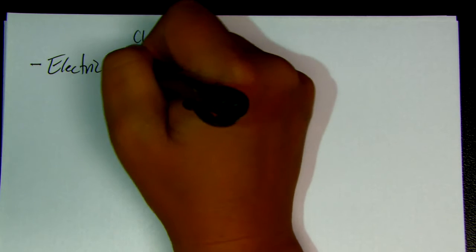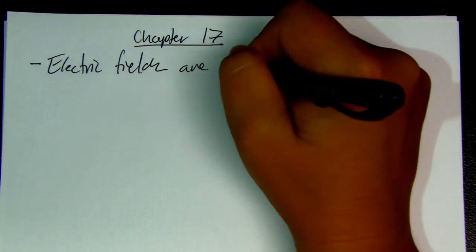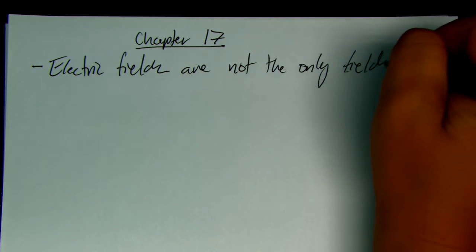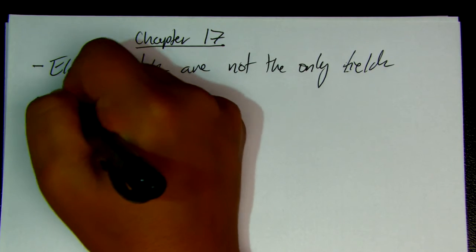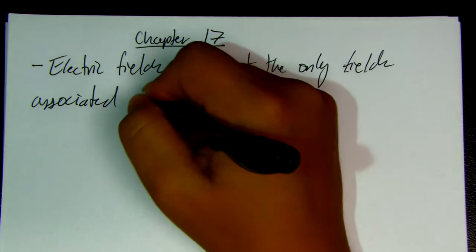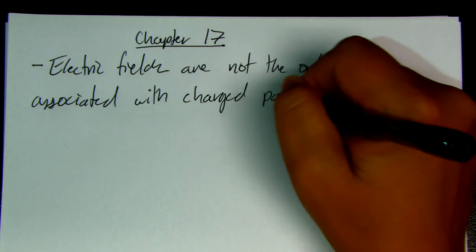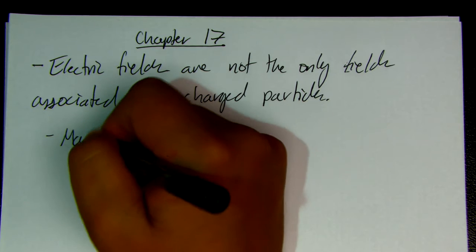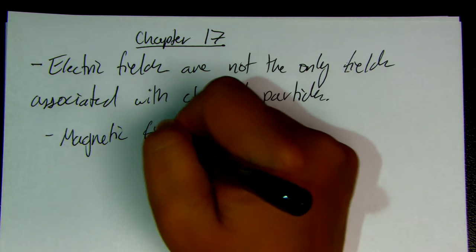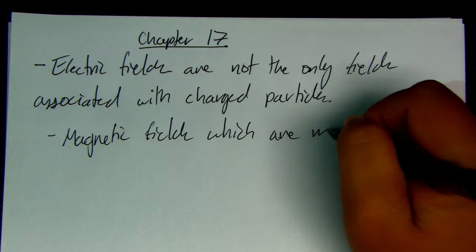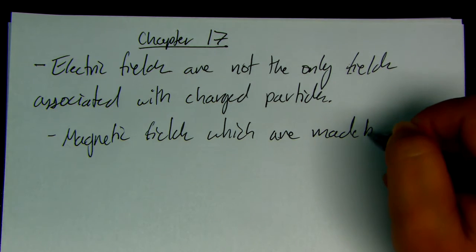So electric fields are not the only fields associated with charged particles. So you also have magnetic fields, which are made by moving charges.